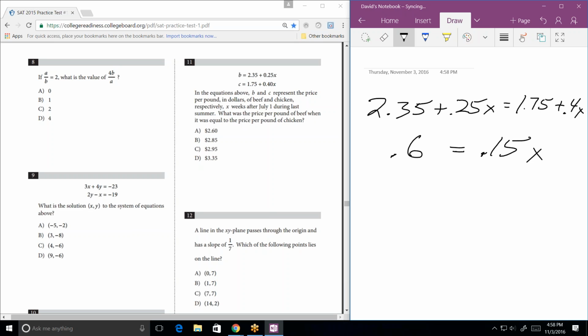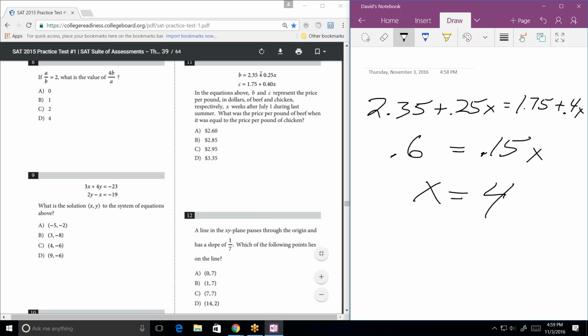What was the price per pound of beef when it was equal to the price per pound of chicken? X is equal to 4. That's not what they asked. Oh, and then you plug in 4. Yeah, it's got to be 335. In other words, you plug it in there, and the 4 times the quarter becomes 1. 235 plus 1. Oh, yeah.